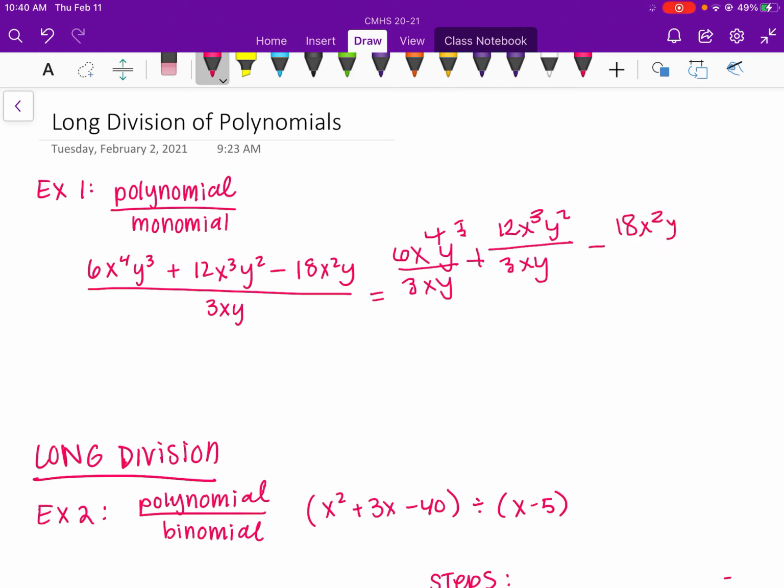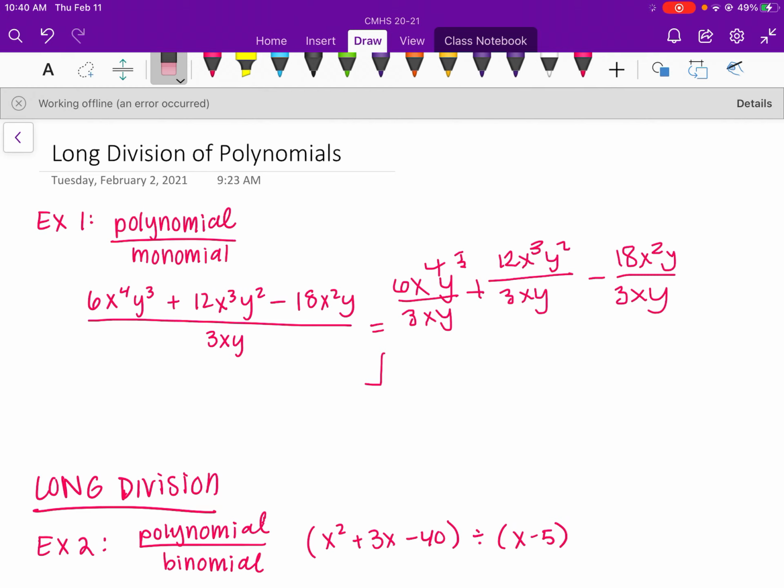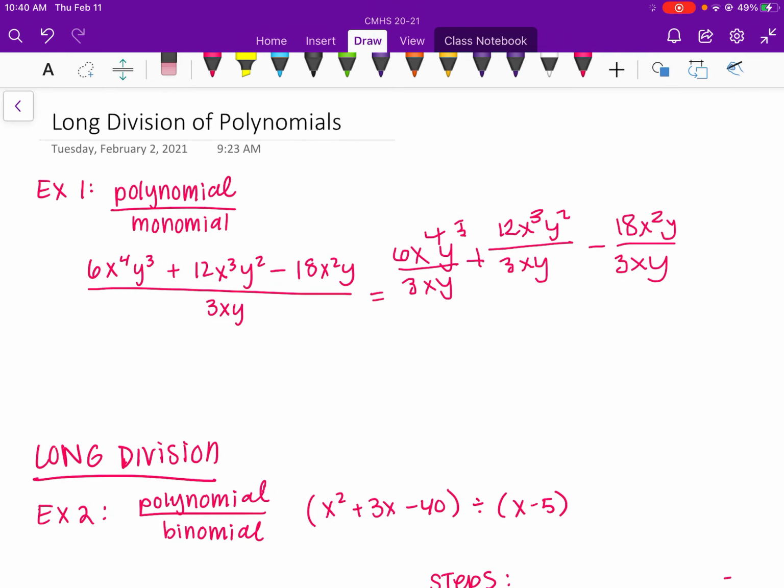So I'm putting everything over 3xy. Then we can do our division how we normally do.